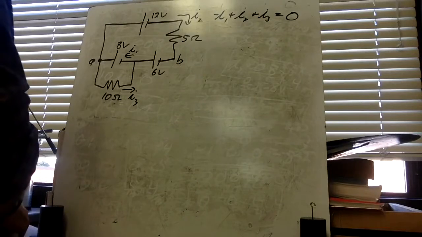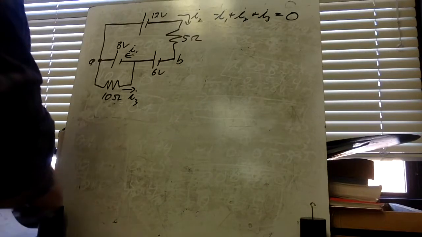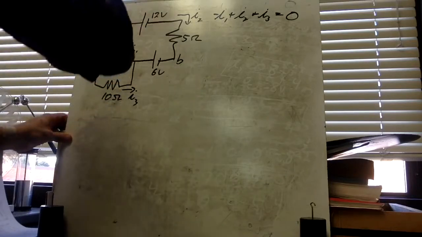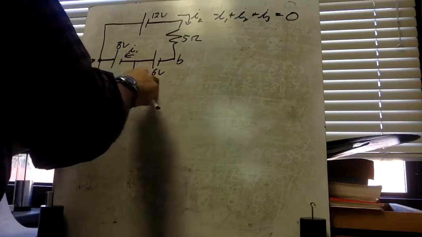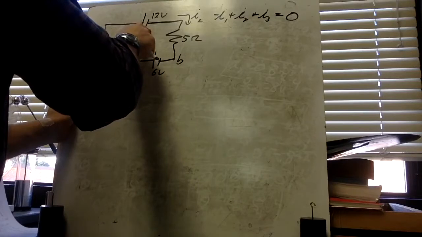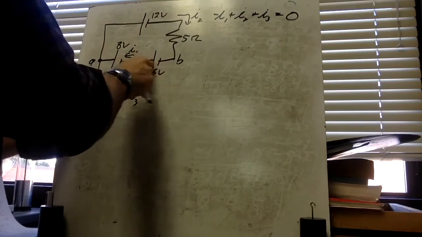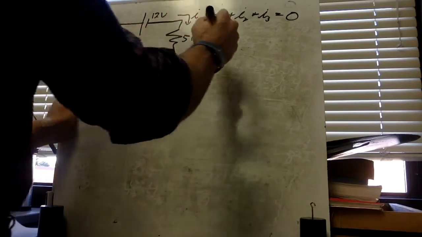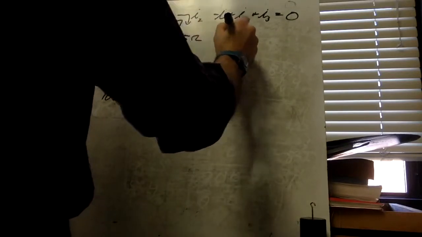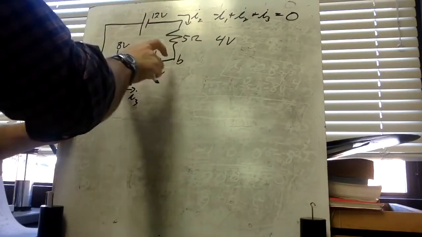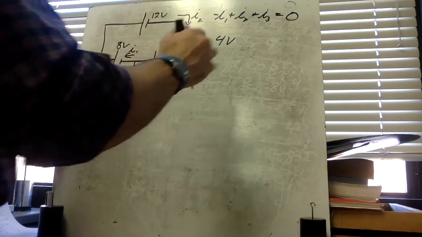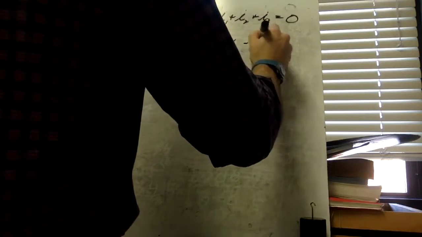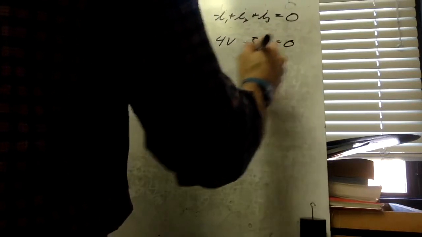Okay, and then I'm going to take a loop. Let's see, I can go around this loop here. All right, and so what I've got here is plus 6 plus 8 minus 12, right? Because I'm going this way, that way, and then backwards across the 12. So plus 6 plus 8 minus 12 gives me a 4 volt potential difference, ultimately, and then minus 5I2 equals 0.